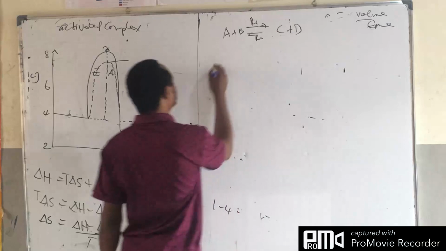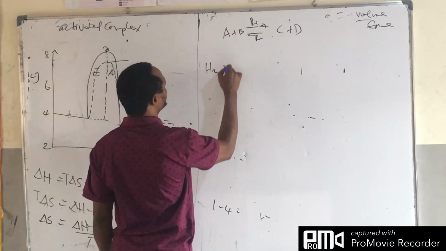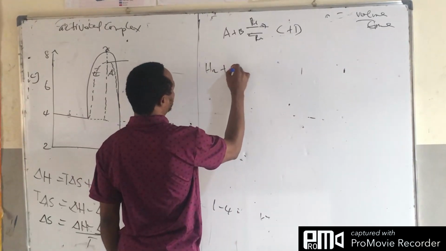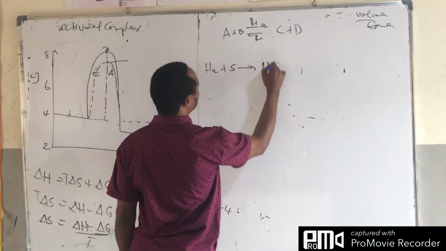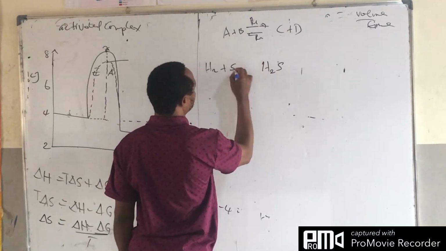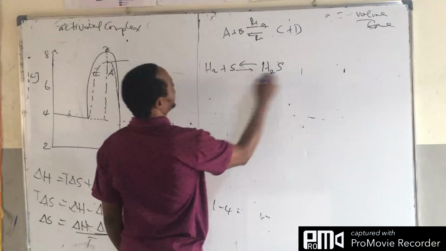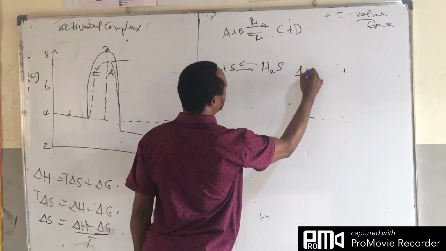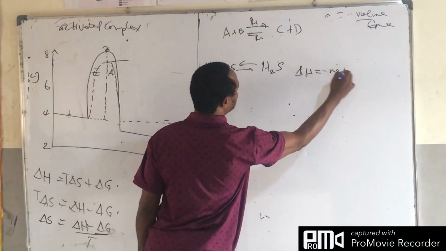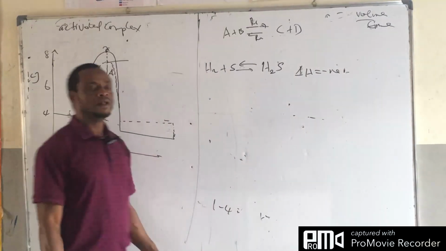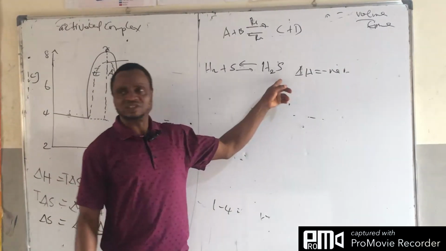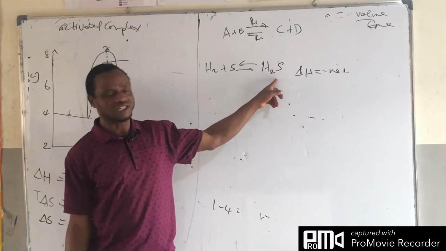Now, if I say that H2 plus S gives us H2S, and I now give that delta H is equal to negative, which means that it is an exothermic reaction.